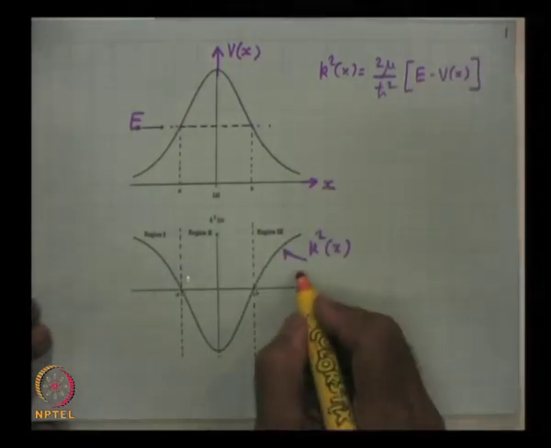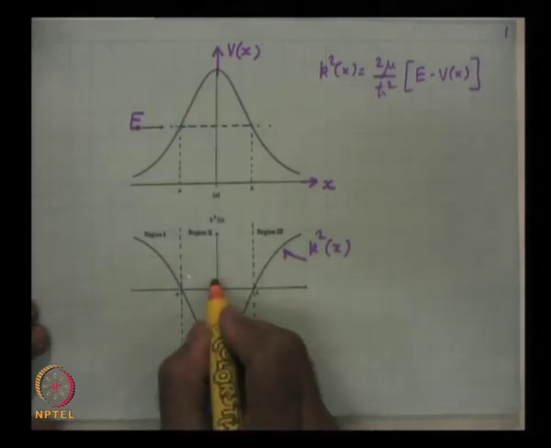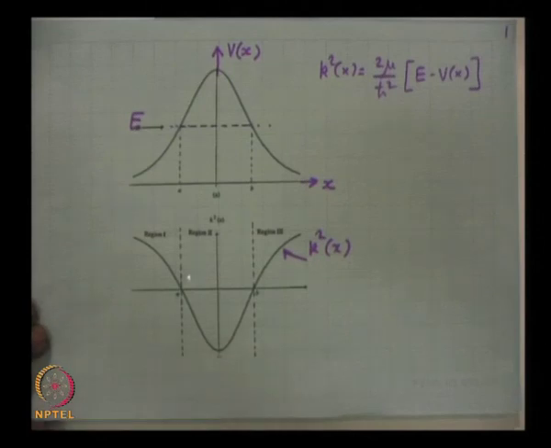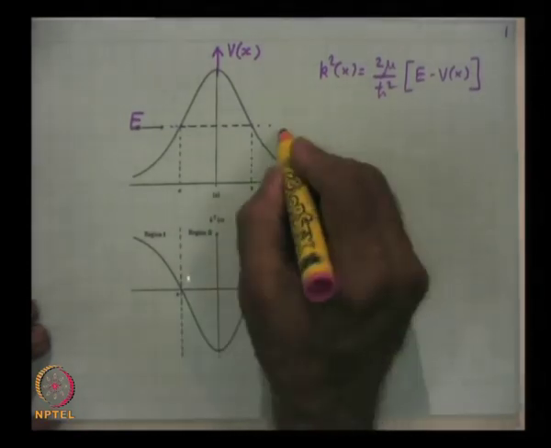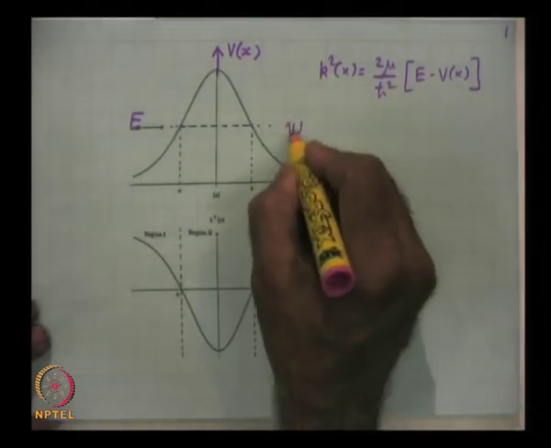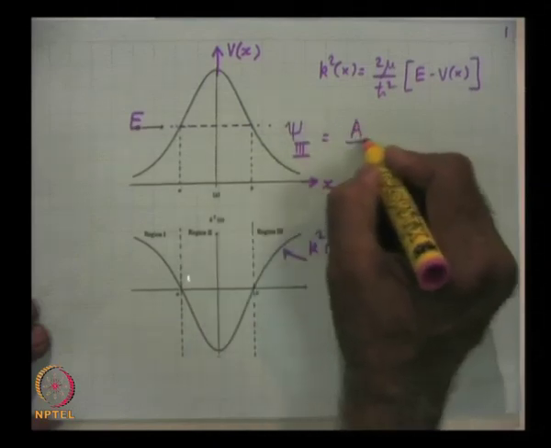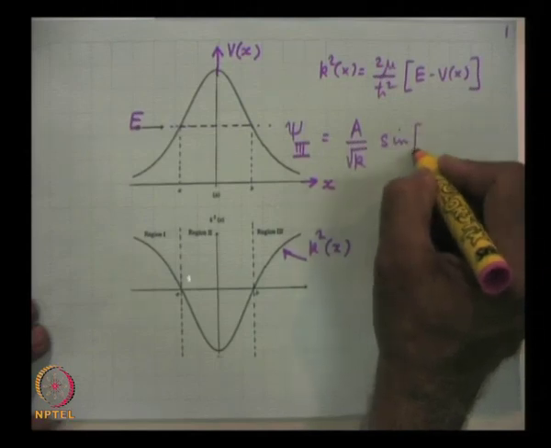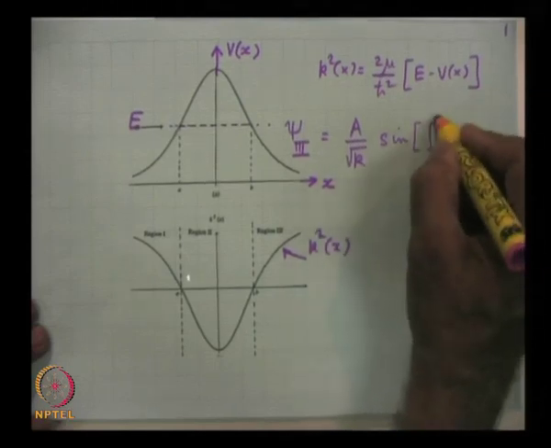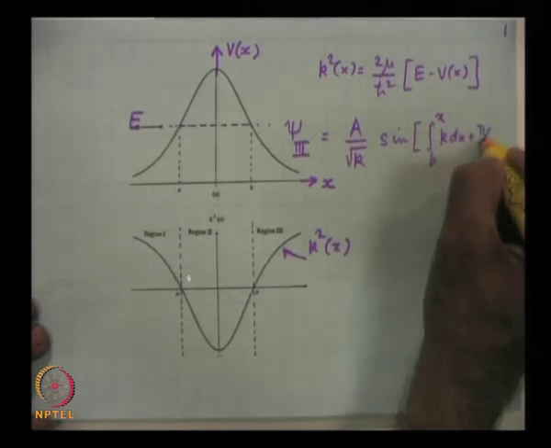So, here you will have oscillatory solution, here you have exponential solutions, and here you have again oscillatory solutions. So, what we did was in region 3 we wrote down a solution like this: A under root of k sine of integral b to x k dx plus pi by 4.